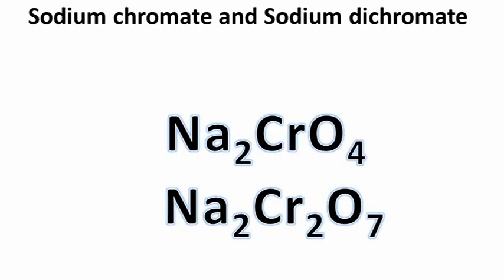Now for sodium chromate and sodium dichromate, Na2CrO4 and Na2Cr2O7 respectively, the starting point should be the sodium and the oxygen, where both elements have only one oxidation number.